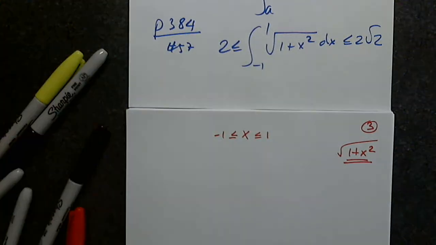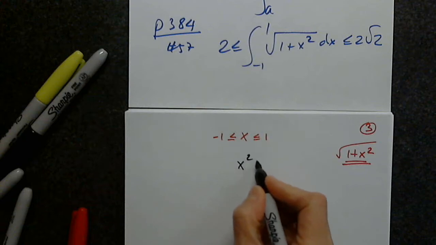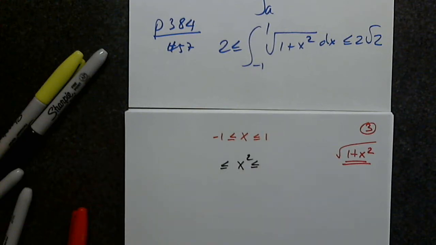If x is between -1 and 1, can we identify what x squared would be? Where would x squared be? And no, you cannot square both sides or all three sides. This is not how it works.